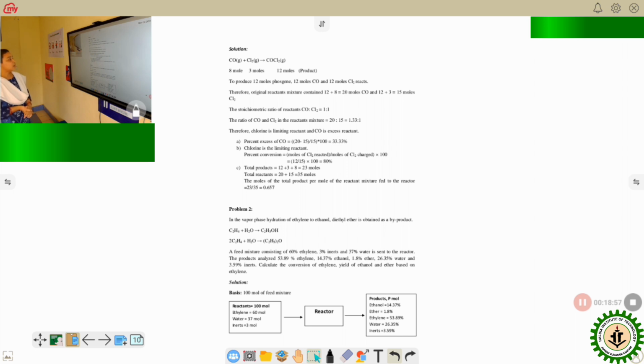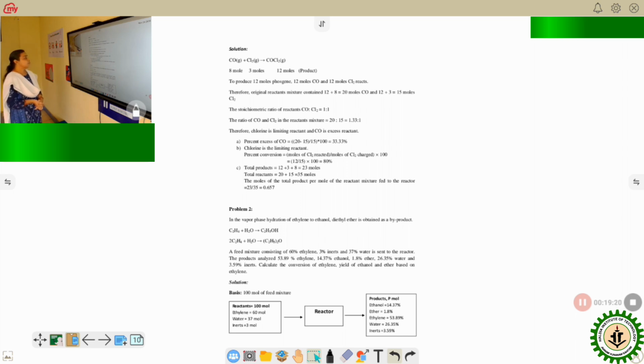Now we will calculate the percent conversion of chlorine. It is calculated as moles of chlorine reacted divided by moles of chlorine charged, into 100. Moles of chlorine reacted is 12 moles and moles of chlorine charged is 15 moles. So 12 by 15 into 100 is 80%.